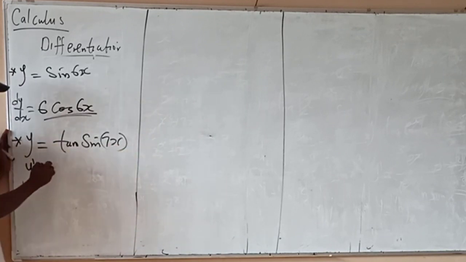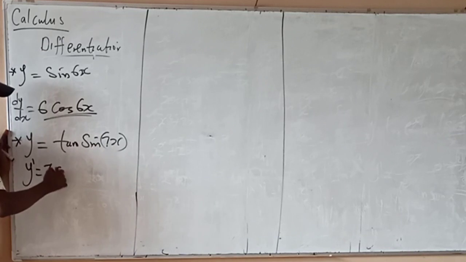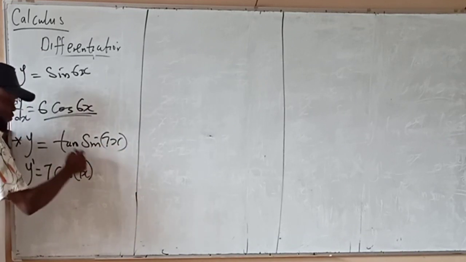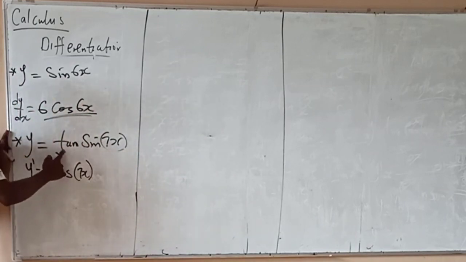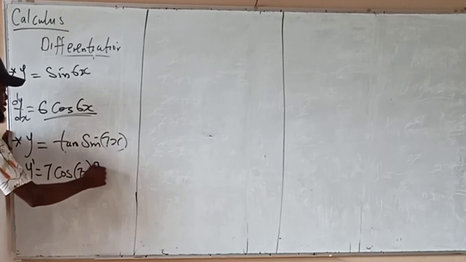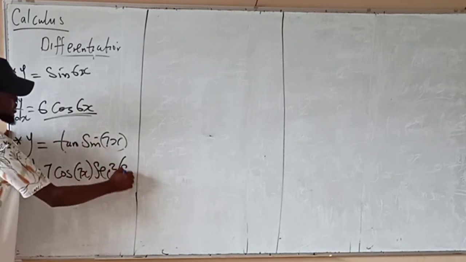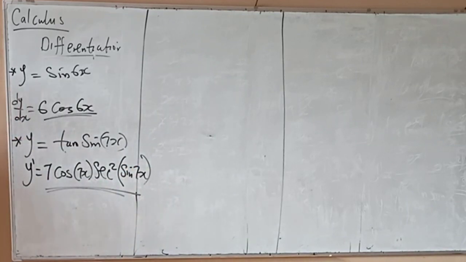Differentiating 7x, you have 7. Then after this, you go to the next one. Differentiating sine, you have cos. Then you repeat the front before you start moving. After you repeat this one, you go back to this. Differentiating tan, you have sec squared. Then what is the front side of sec squared? Sine 7x. Answer.